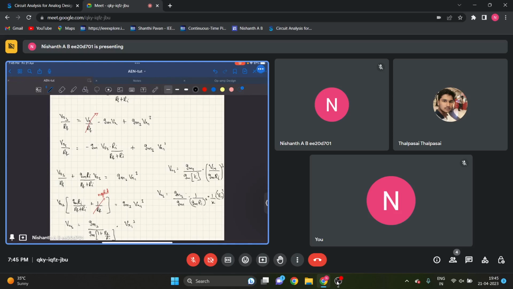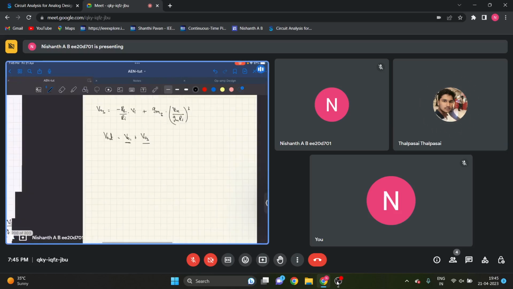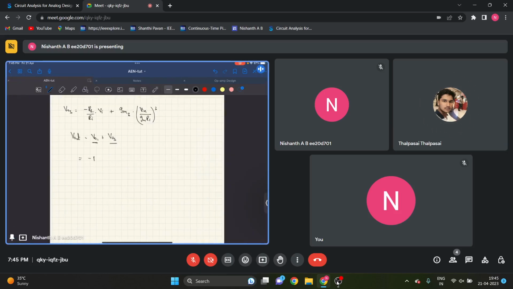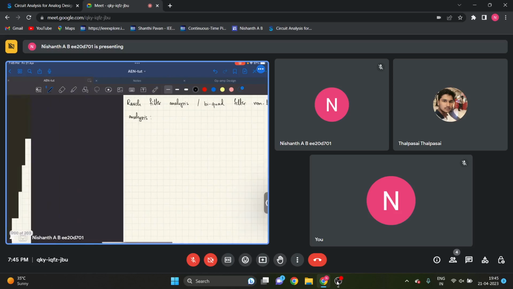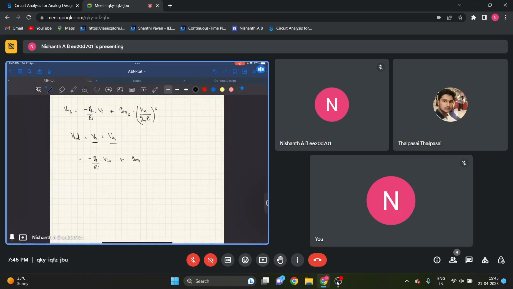Now VO1 is minus Rf by Ri into Vin plus Gm3 by Gm into 1 by Gm Ri whole cube into 1 by K into Vin whole cube. Correct?